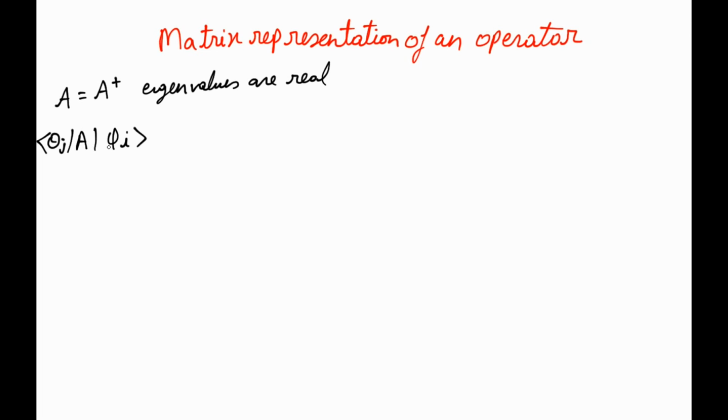Now, if you apply A on this side, we will get a_j phi j phi i. But if you apply A on the other side, which means you can move it to the other side so that it starts looking like this.